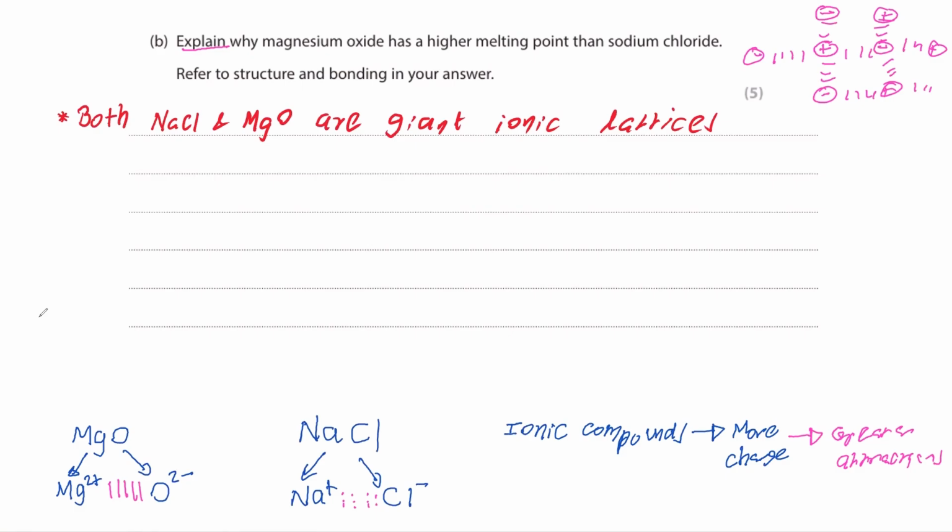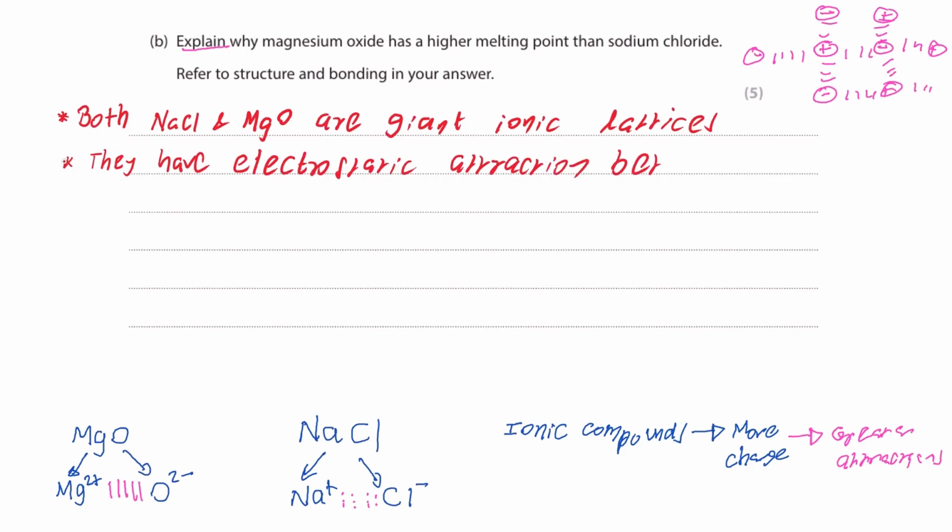Second point, we can write that there is attraction between the oppositely charged ions. So we can say that they have electrostatic attraction between negative and positive charged ions.